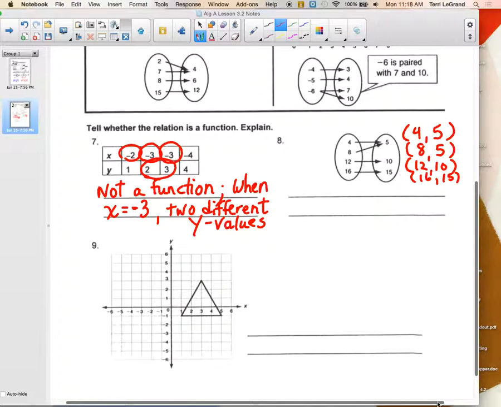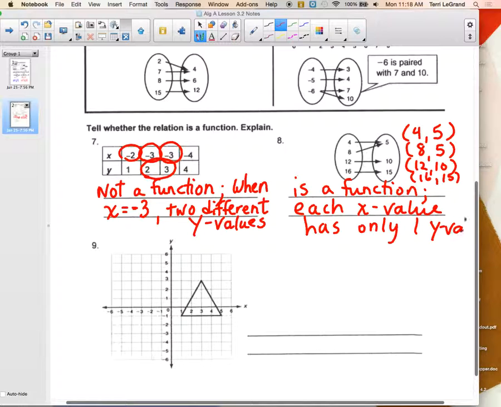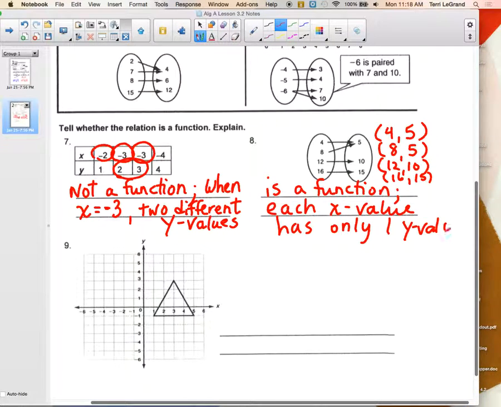It is a function. And we're going to say each x value has only one y value. Each x value has only one y value. That's the rule it has to meet to be a function.